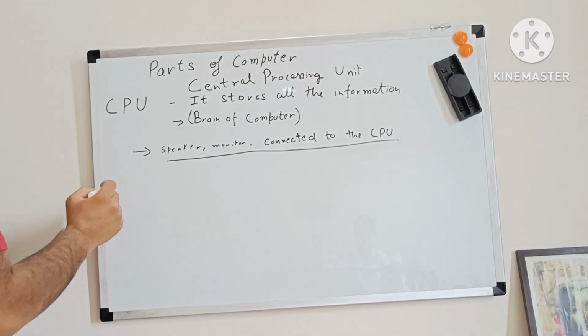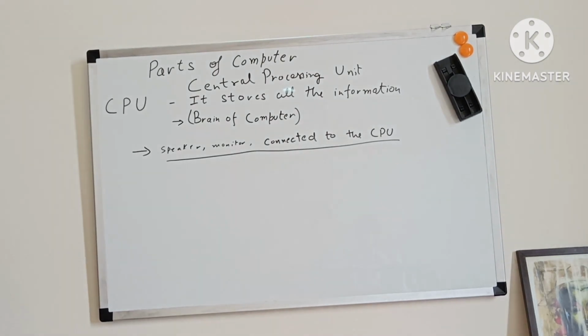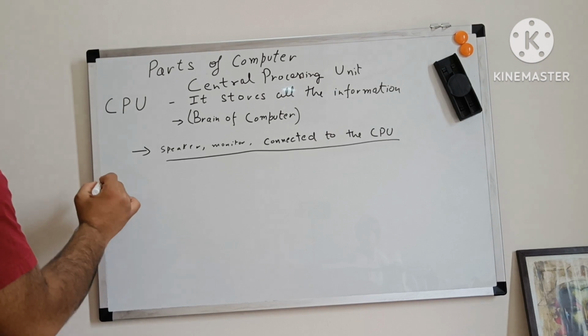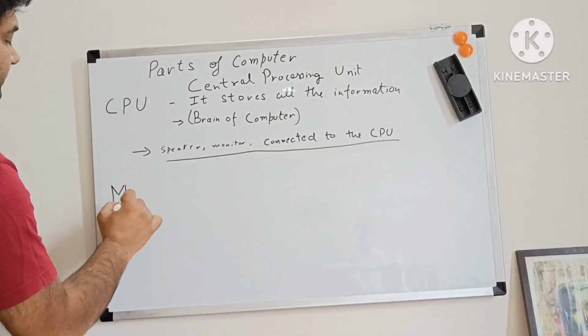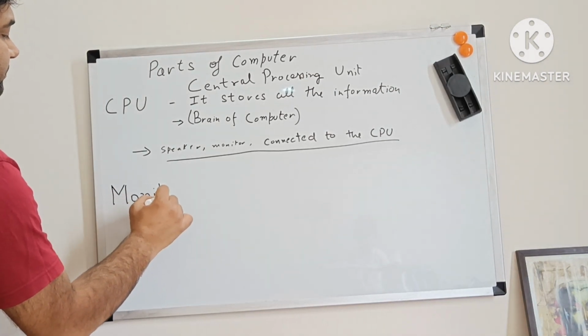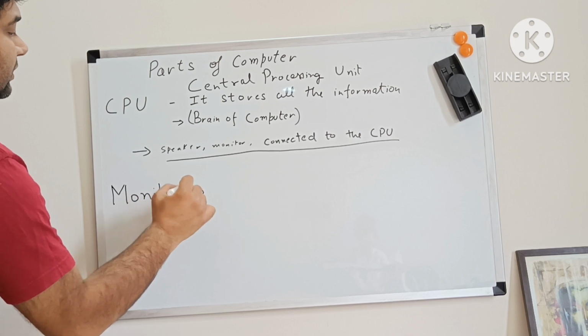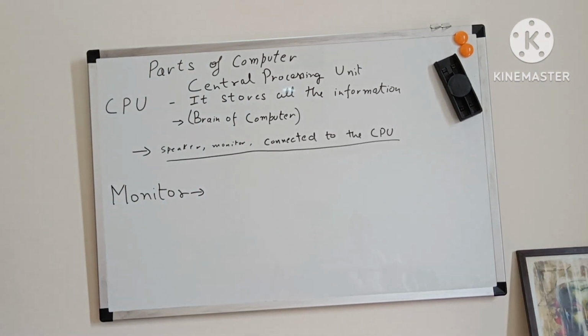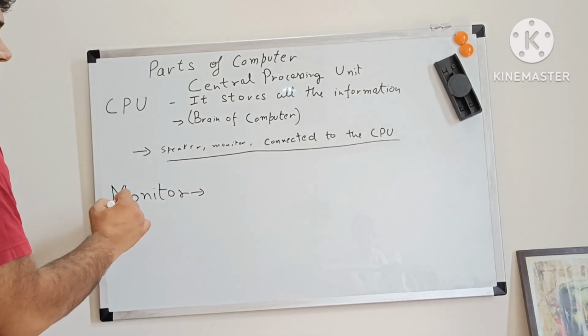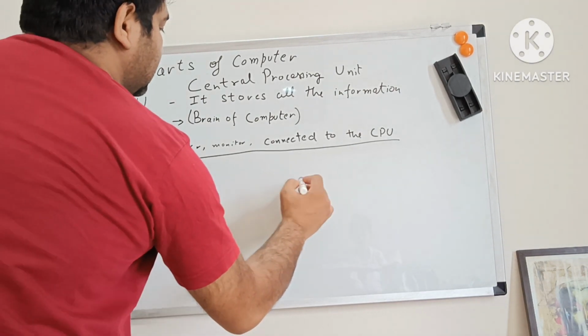Okay. Fine. Now we'll move to the other part, which is called monitor. If someone asks you which is the most important part of the computer, what will you say? CPU. Very good. Now we'll study the monitor. What is a monitor?